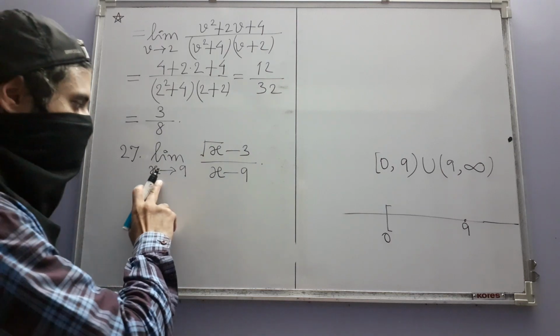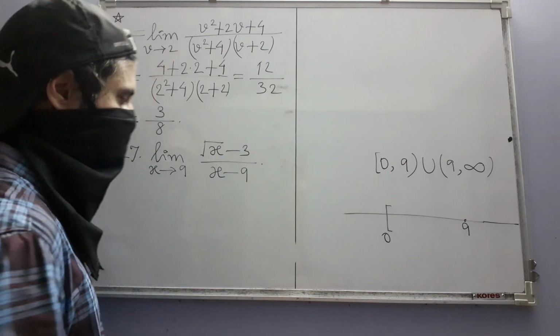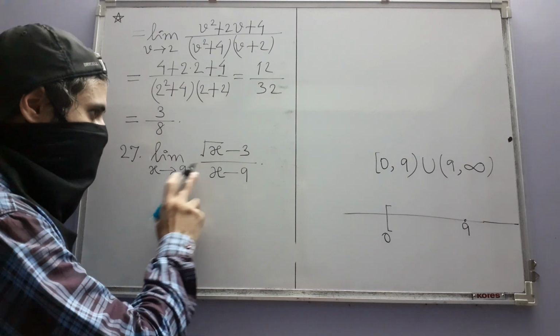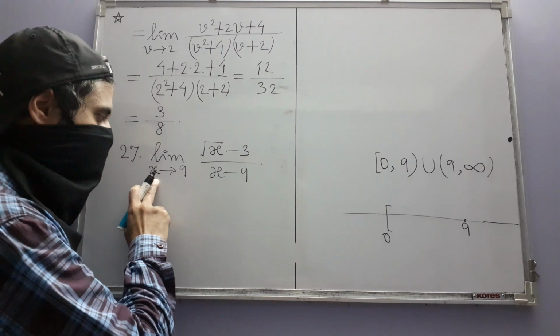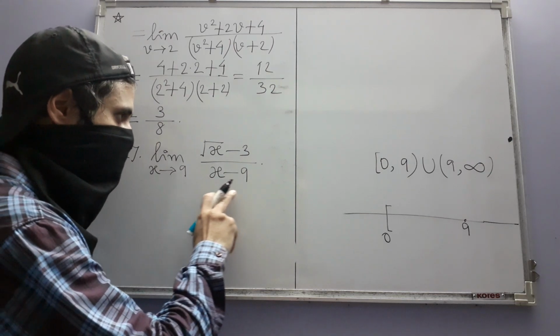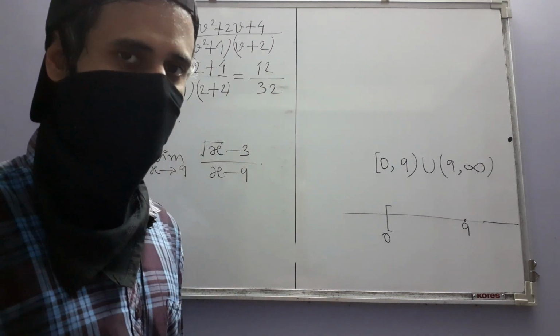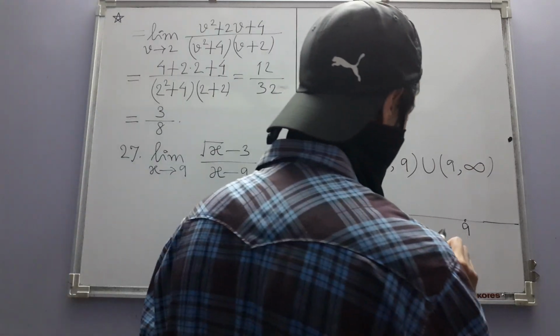So this is where all the x's are lying, and in this set we are taking x and making it close to 9. That can of course be done in two ways.